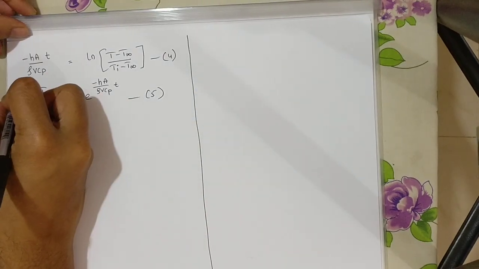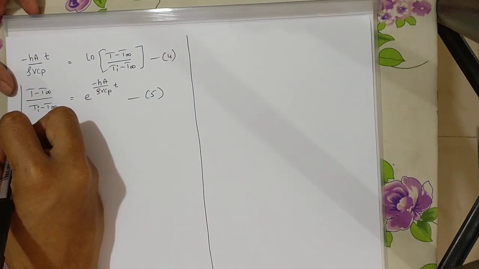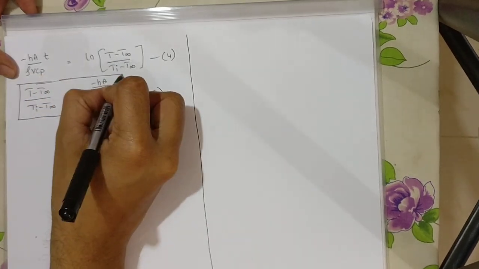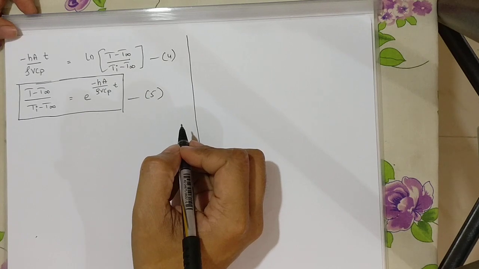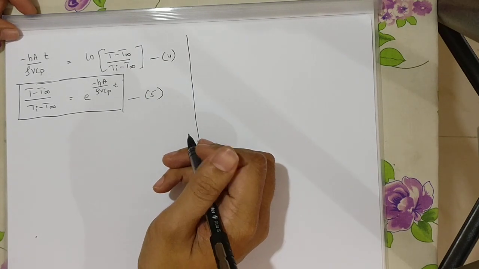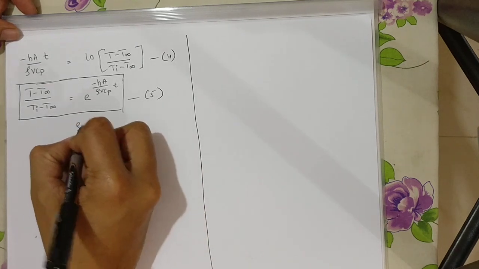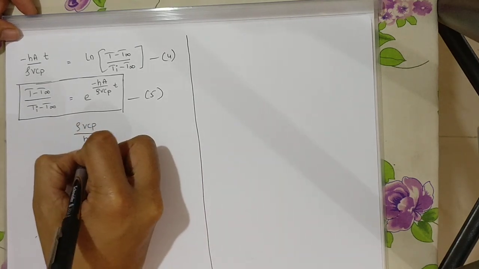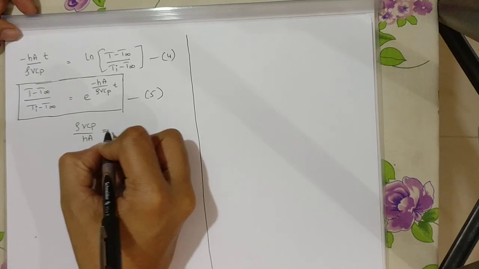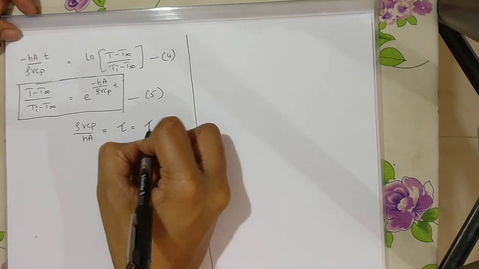Let me take this as equation number 5, and this is the temperature distribution over time for lumped system analysis. Now let me take this rho V Cp by hA_s as some time constant tau.